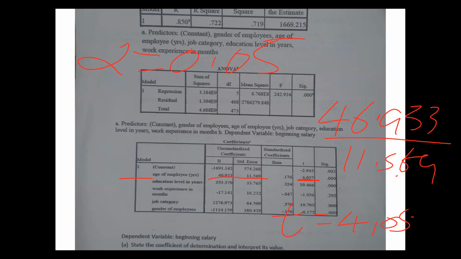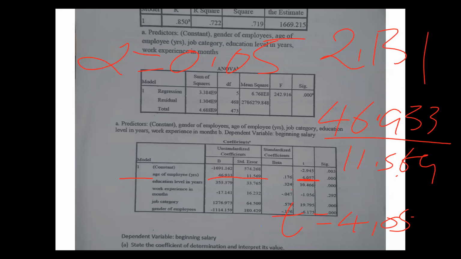You compare them. At 95%, the critical t was something like 2.131, somewhere around that. So you just compare.